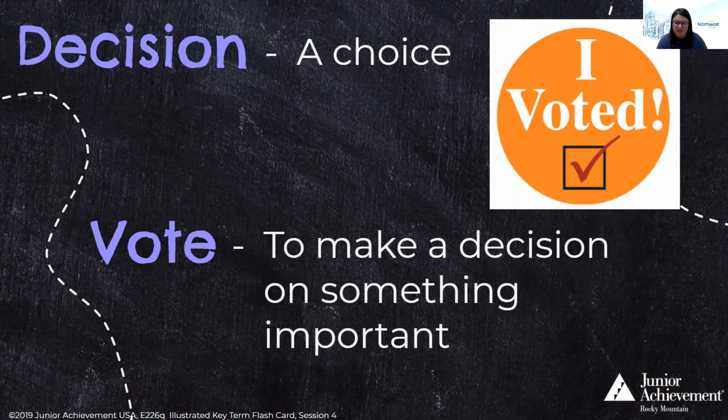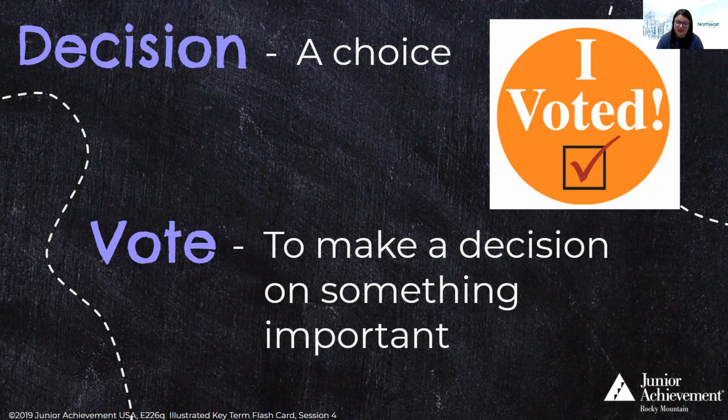So we are going to talk about the process and importance of voting. A community has many citizens, and every citizen has different ideas on how to meet the needs or wants in the community. Sometimes that means citizens have to decide together on important things.